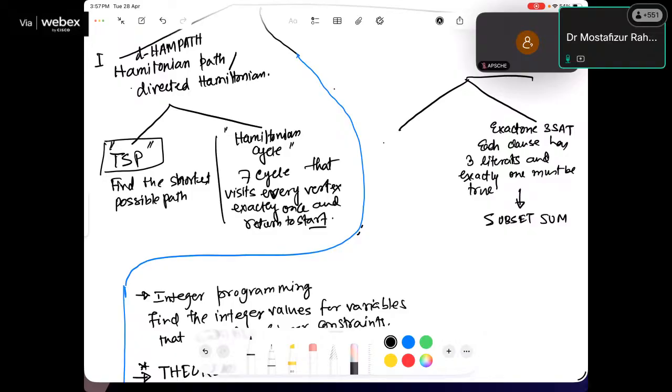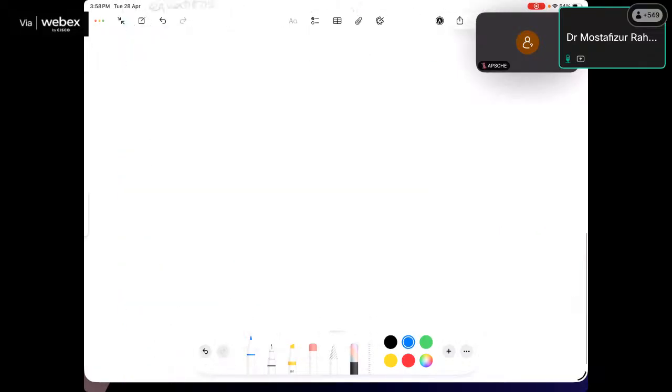And another category is called the IND set problem, which is short for independent set problem. What is this category of problem? Let me discuss this part in a different place because it has some more categories.